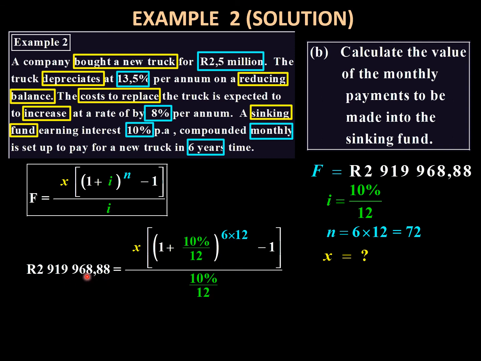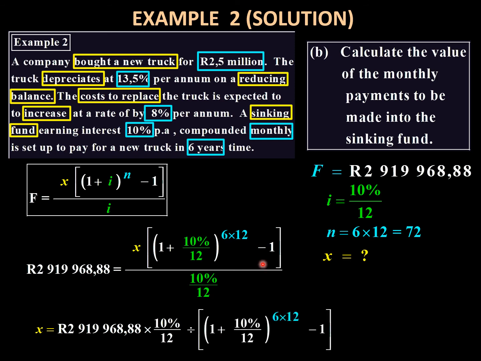So it's the 2.9 million, which we multiply with that 10% over 12, and then we divide it by this factor next to the X, and that gives me our X value. In other words, they have to make provision every month of 29,761 rand and 80 cents, and if they do that for the 60 months, they will have exactly that.